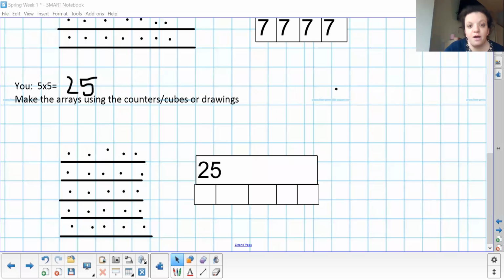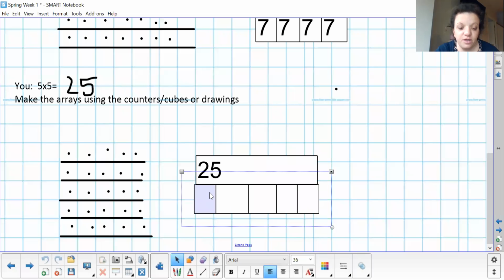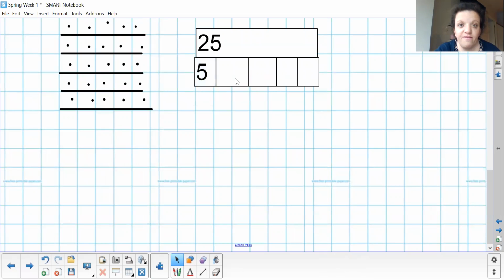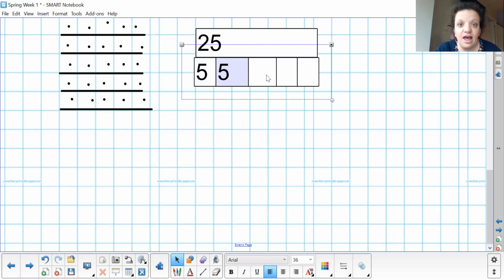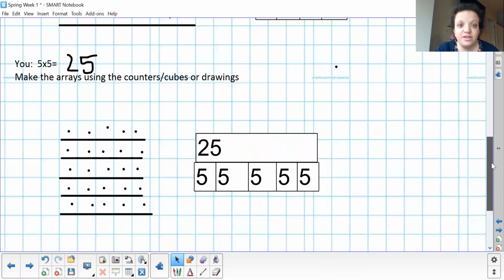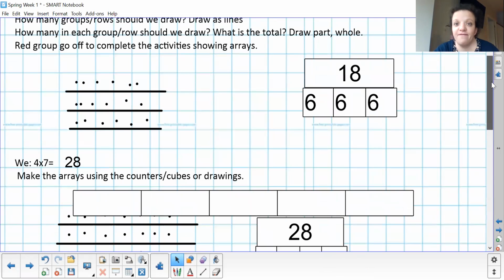So there's my bar model, and then in each of my parts, I'm going to put 5, because there's 5 parts and 5 groups. Fantastic, well done. Absolutely brilliant if you've got all of those right.